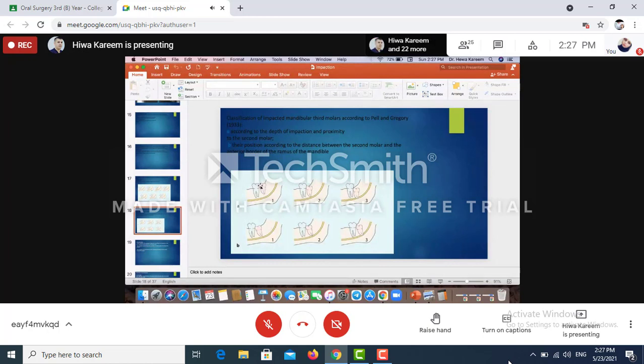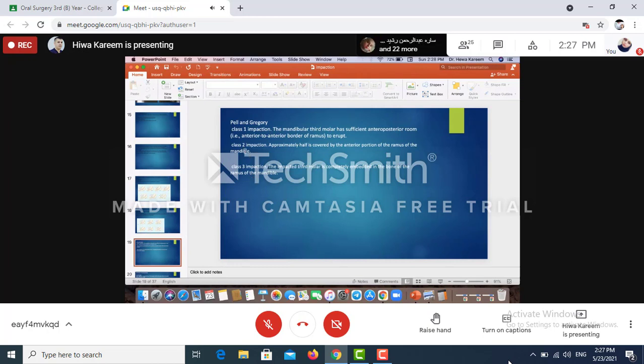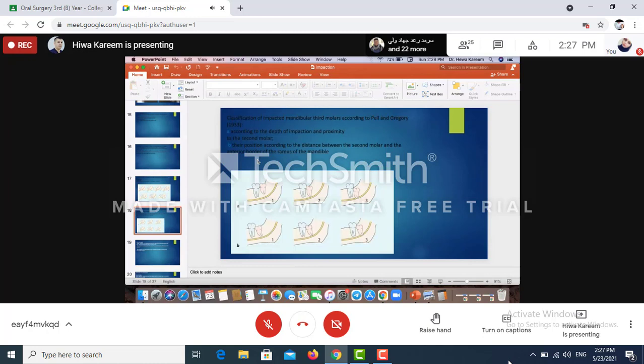And class 2, approximately half is covered by the anterior portion of the ramus of the mandible, meaning half of the impacted tooth is covered inside the ramus.